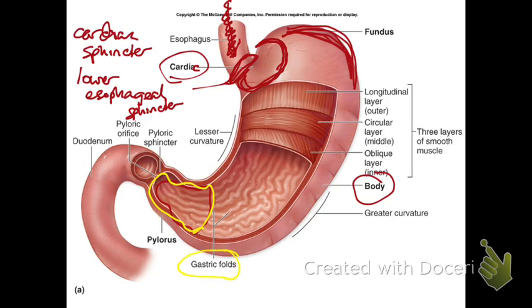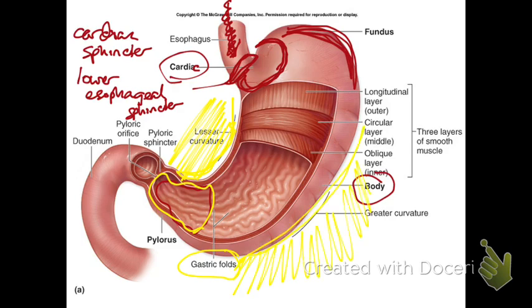This increases the surface area. I'll show you what these gastric folds look like more microscopically in a moment. I already mentioned that this is the lesser curvature, and here there would be the lesser omentum. Here is the greater curvature of the stomach, and there would be the greater omentum hanging down, much lower, going down over the intestines.